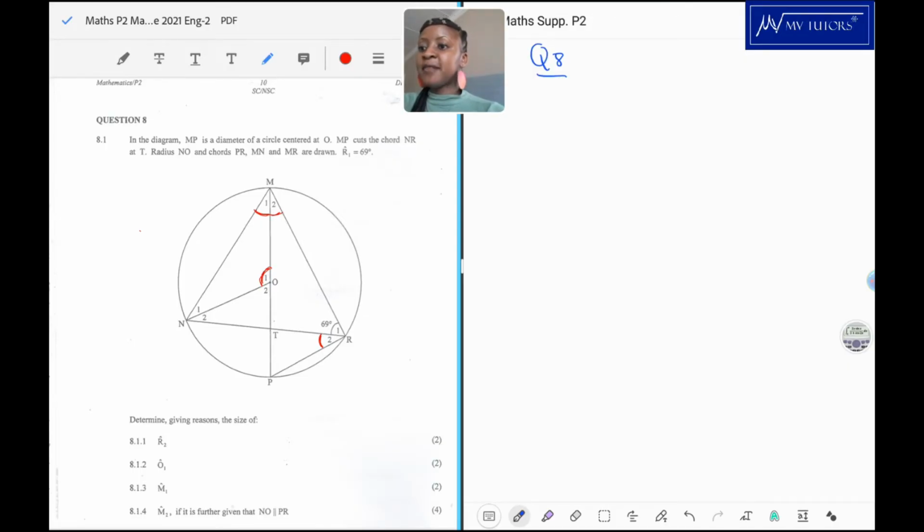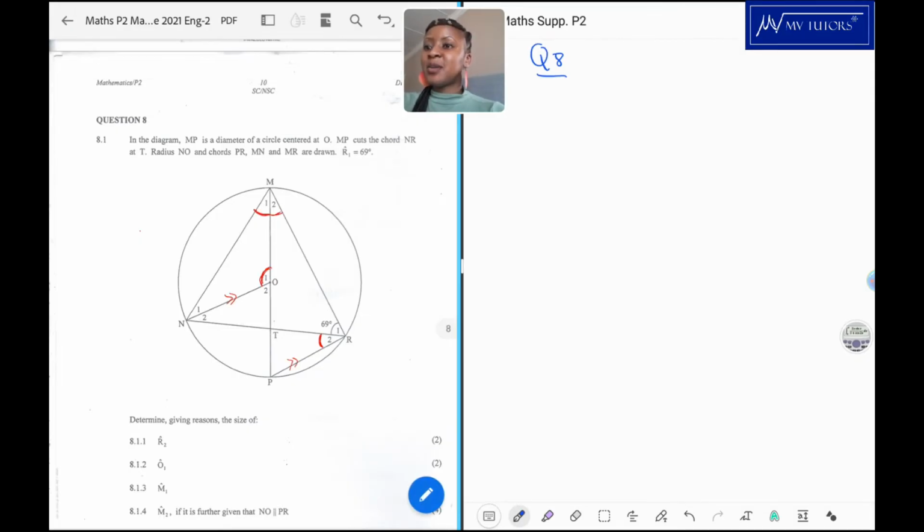If it is further given that NO is parallel to PR. So let us see, how are we going to do this?